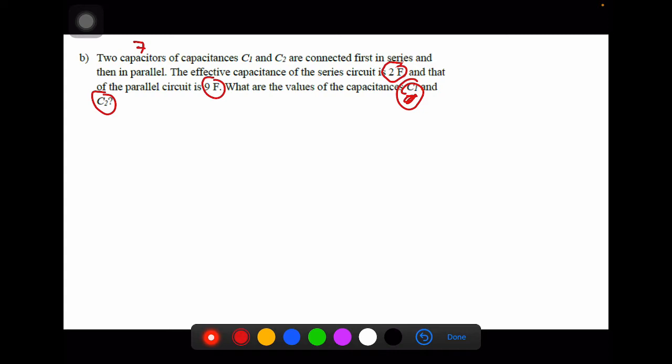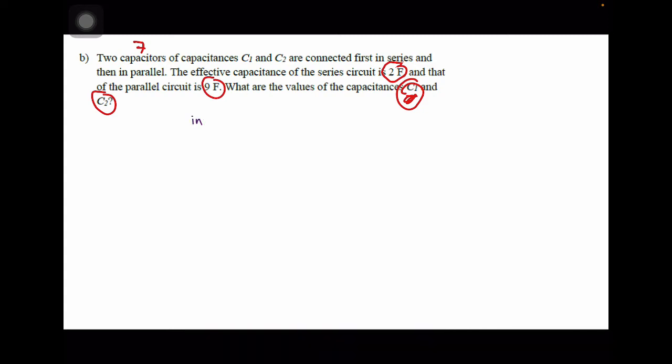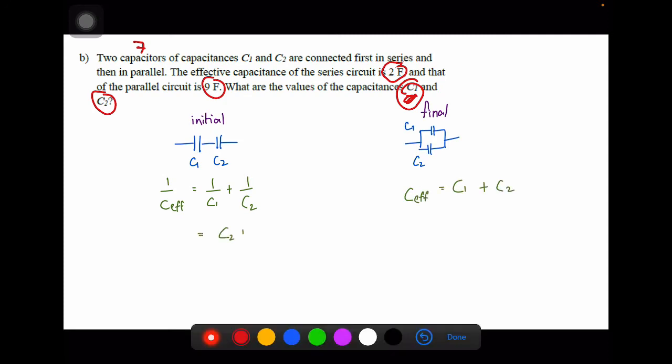So first things first, redraw the circuit. Initially you have series, finally you have parallel. The first thing you need to do is write down the equation. If I have capacitors in series, to calculate C effective, because you want to relate the value that is given, which is 2 here, you add 1 over C1 plus 1 over C2.